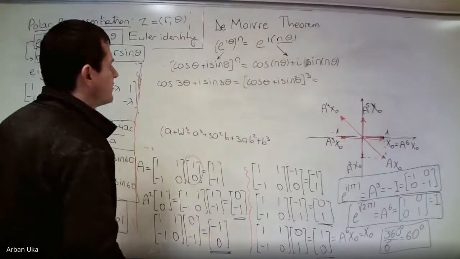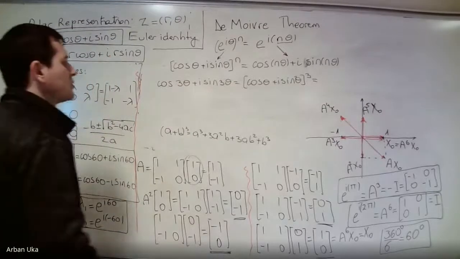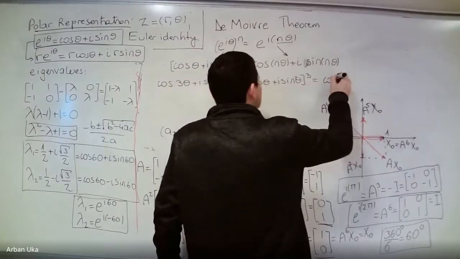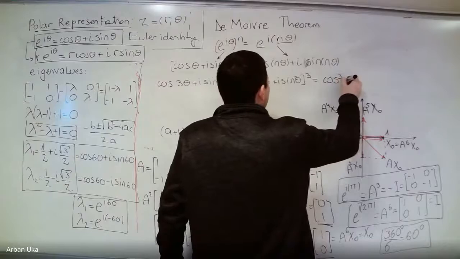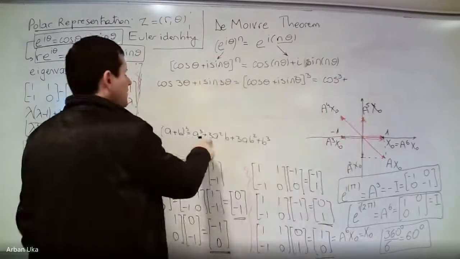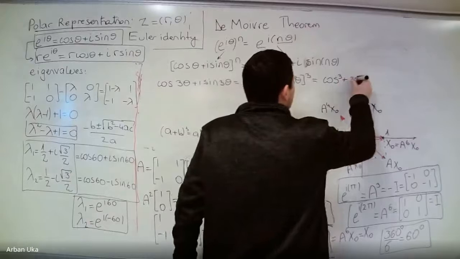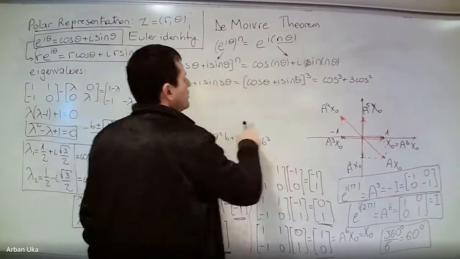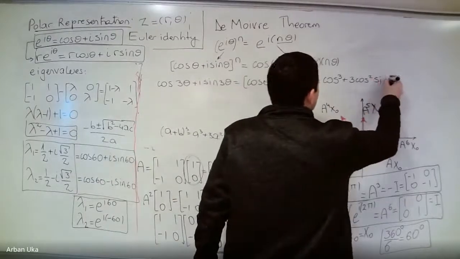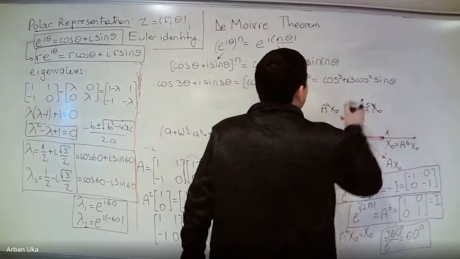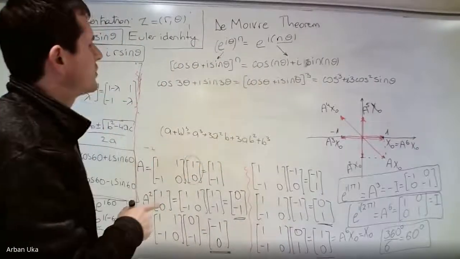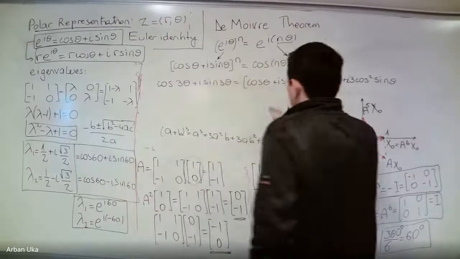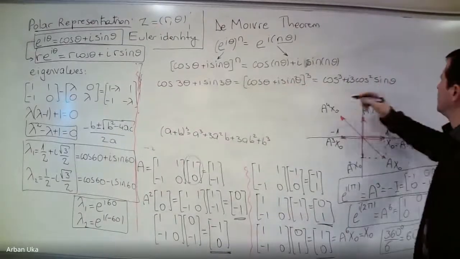So let's write first a cubed, this is cosine cubed, plus 3a squared, which is 3 cosine squared, times b, which is sine theta, but we also have an i, because b has an i, plus 3ab squared. Now, b squared has i squared, so it would be a minus sign.